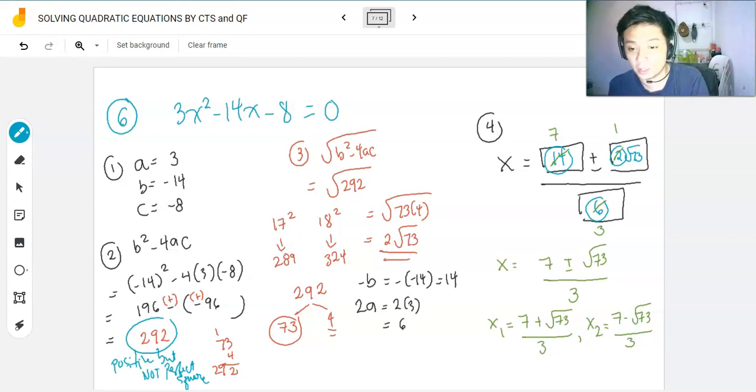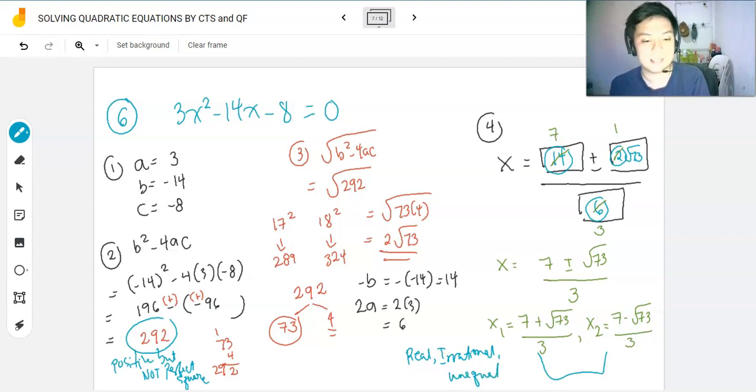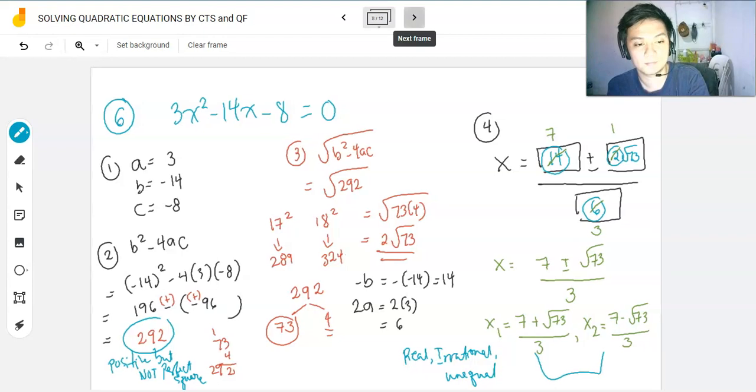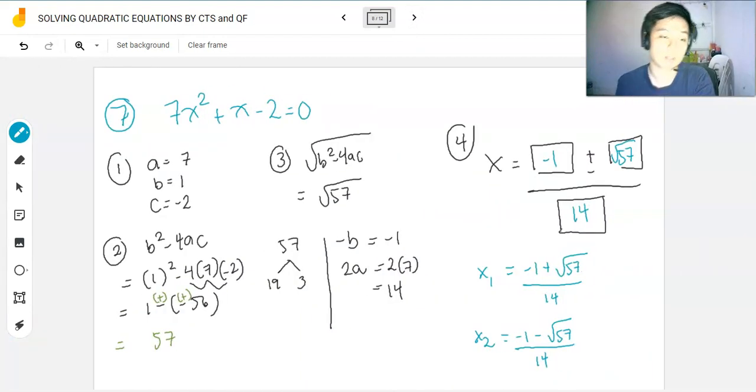So, itong x sub 1 at x sub 2, these are real pa rin naman. Okay, so these are both real. But because of this radical parts here, they make the roots irrational. And still, they are unequal. So, real, irrational, unequal.